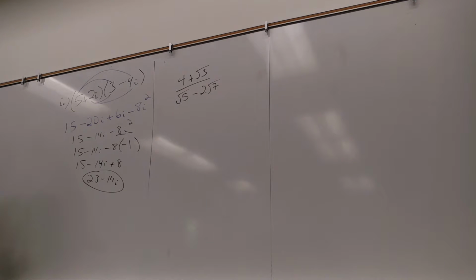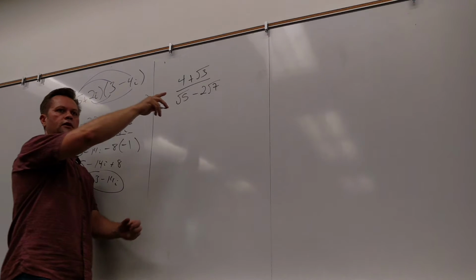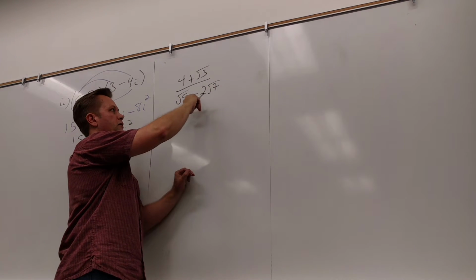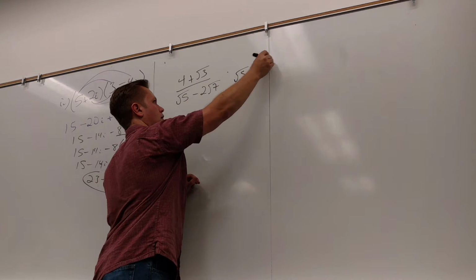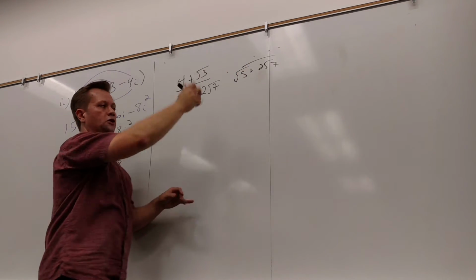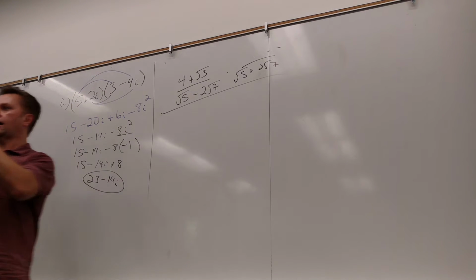Use the... what's it called? The opposite of the denominator? Conjugate. Right? Yes, conjugate. You guys remember that? You multiply by the square root of 5 plus 2 rad 7. Blah, blah, blah. If you like that problem, you can do it. Screw that problem. I just want you to remember that's what you do.